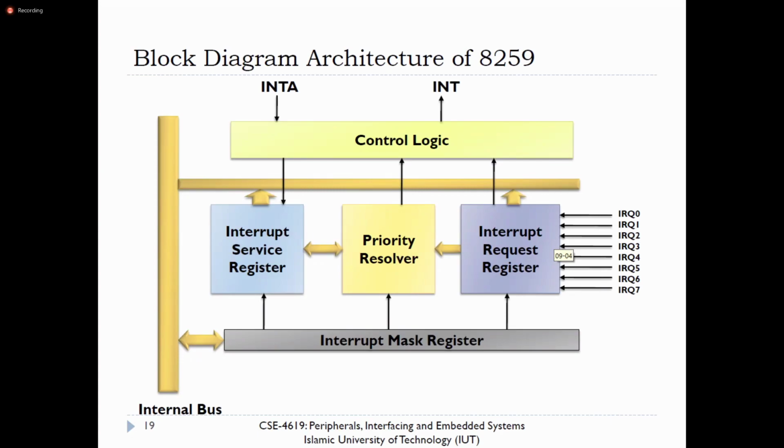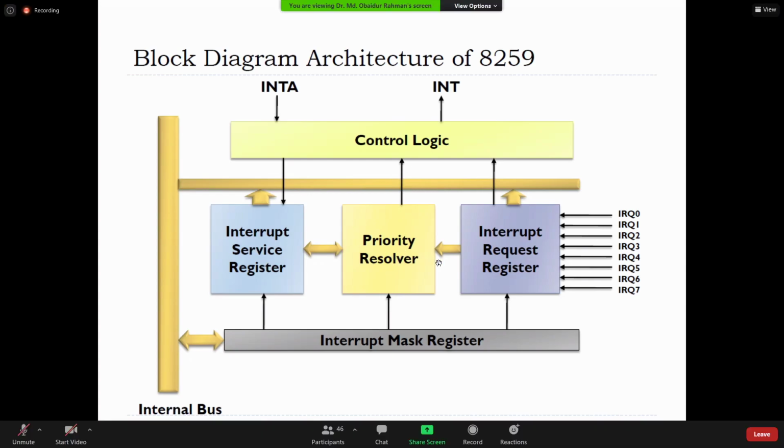We have the interrupt service register: the interrupt currently being served by the system, that status is stored in the interrupt service register. The interrupt mask register holds, if 8 interrupt requests are coming, the one having the highest priority, that is being masked into the interrupt register.